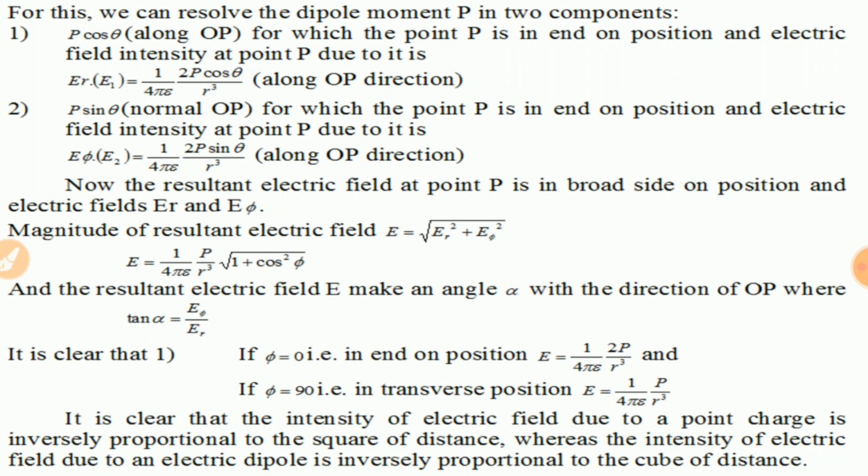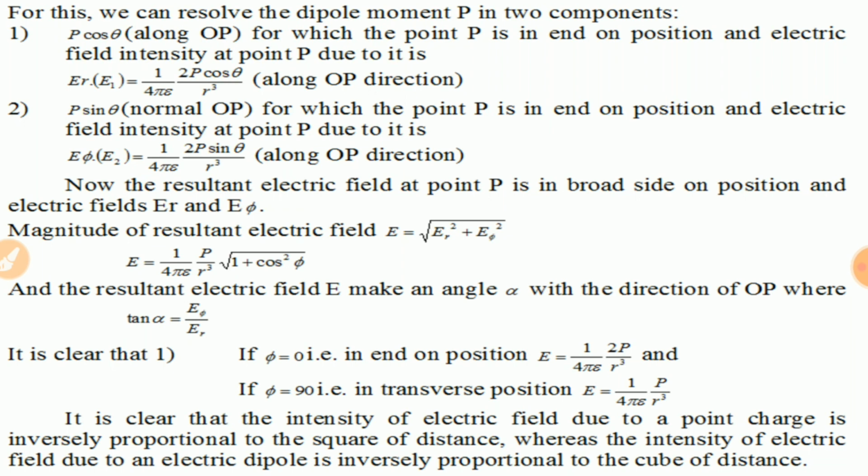For this, we can resolve the dipole moment P into its two components. First, P cos theta along the OP direction, for which the point P is in the end-on position, and the electric field intensity at point P due to it is Er, which is equal to E1, equal to 1 upon 4 pi epsilon, 2p cos theta upon r cube, along the OP direction.